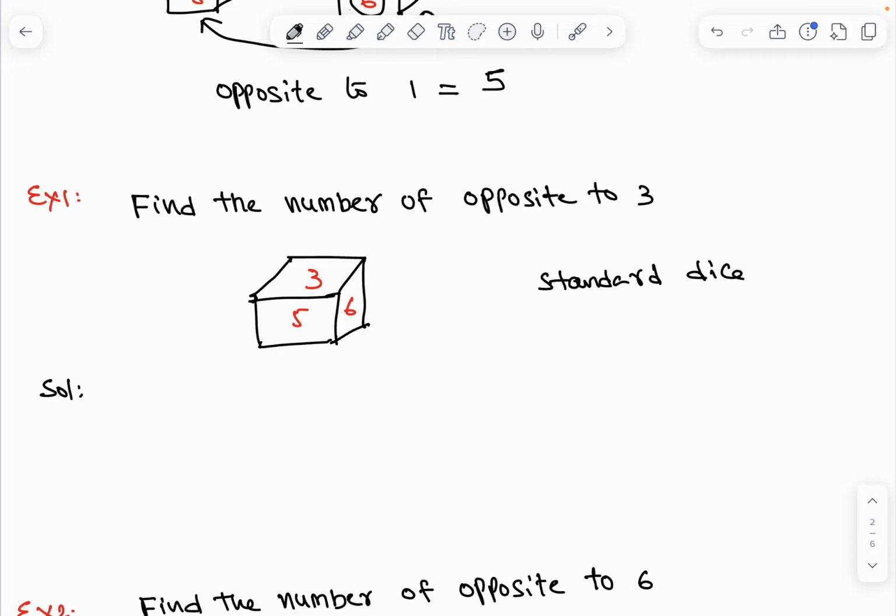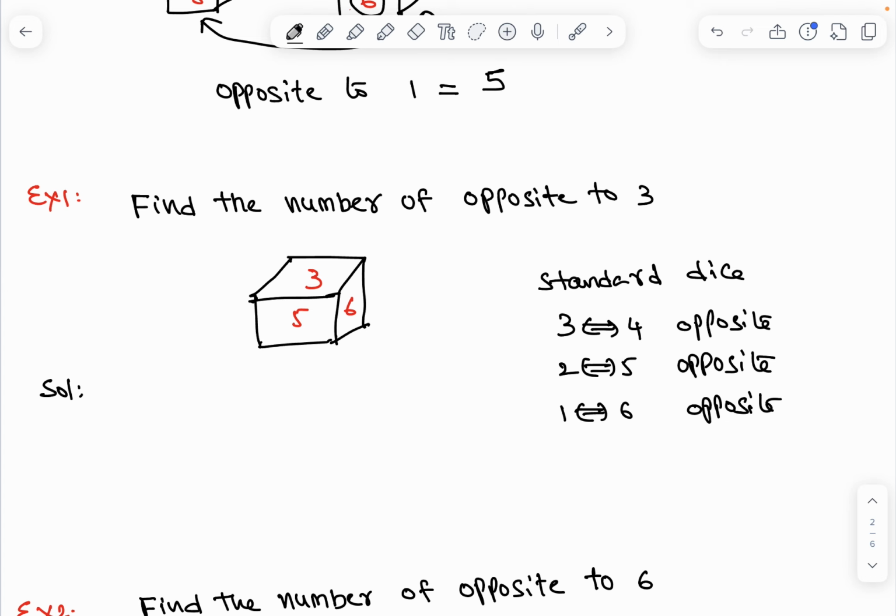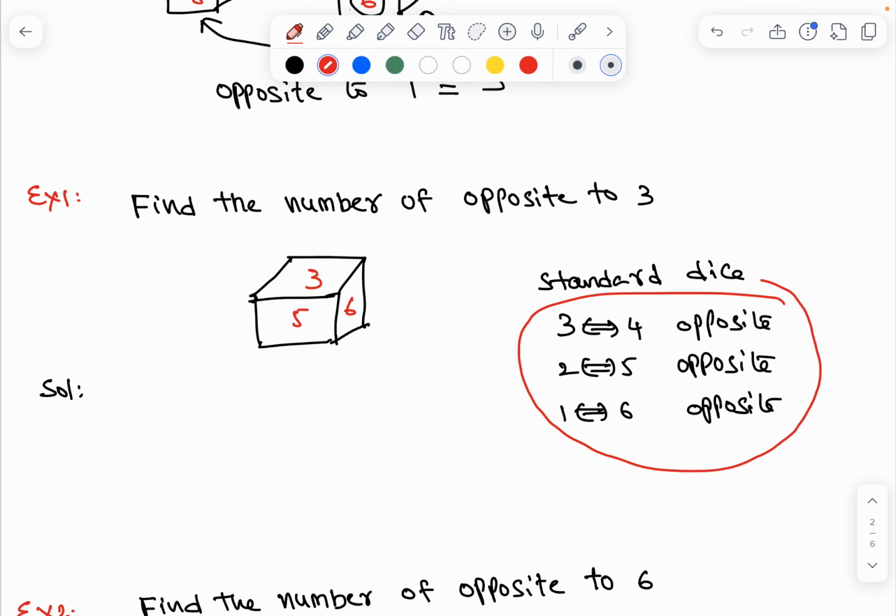Therefore, 3 and 4 are opposite. 2 and 5 are opposite. 1 and 6 are opposite. Therefore, the answer is: opposite to 3 is equal to 4. This is the answer.